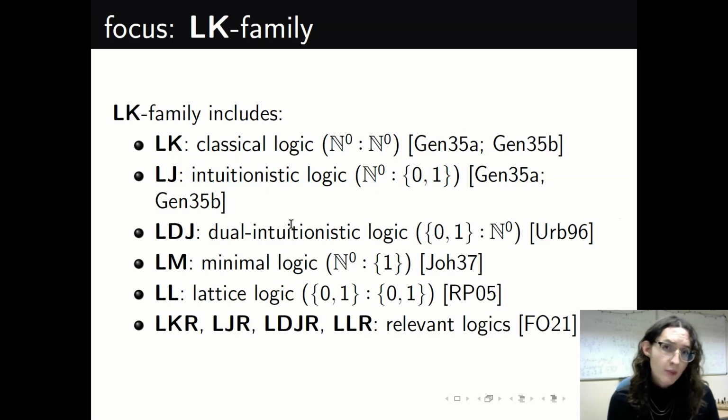So in the LK family, you've got calculi such as classical LK, intuitionistic LJ, dual intuitionistic LDJ, minimal logic LM, lattice logic LL, and as Ferrari and Olivetti show, you can also obtain a relevant logic from each of those calculi just by deleting the weakening rules. So we also have a set of relevant logics available. And there are many more calculi you can consider in the LK family, but we'll limit ourselves to these for the most part.